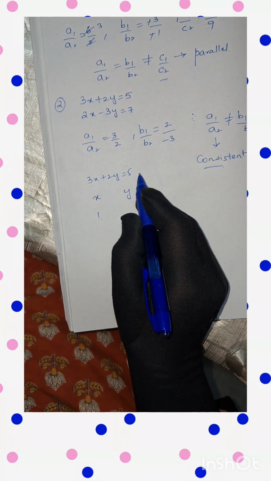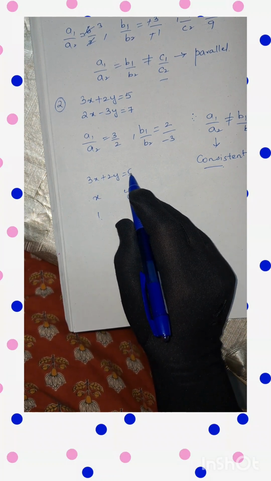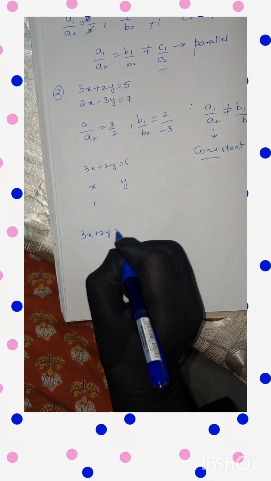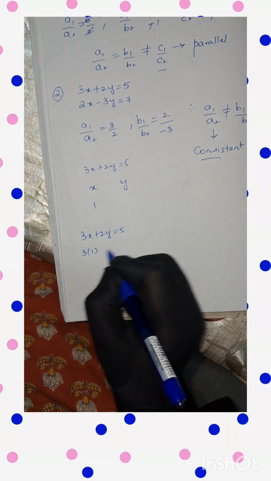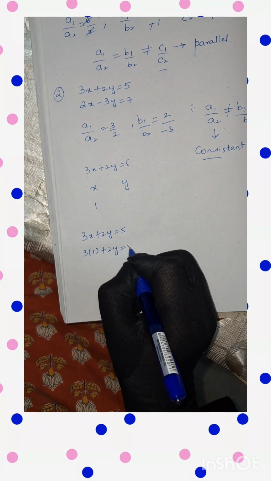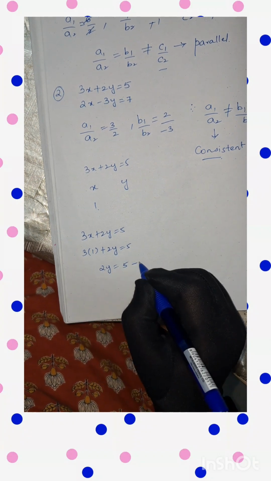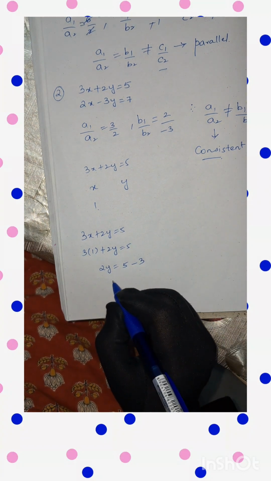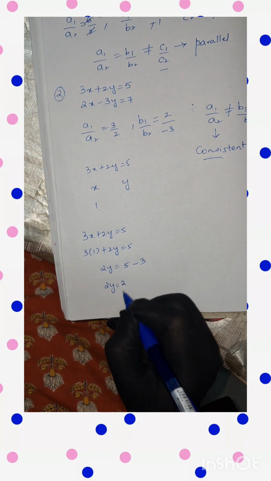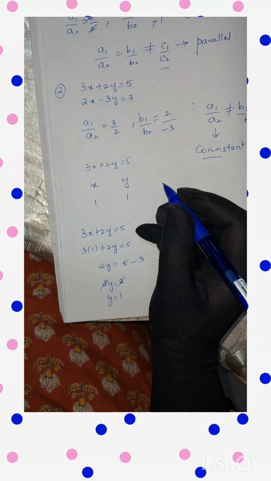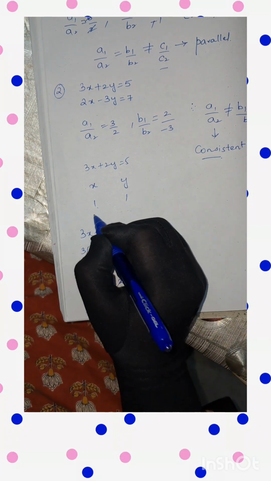So 2y is equal to 5 minus 3, which is 2. So what's the value of y here? 1.